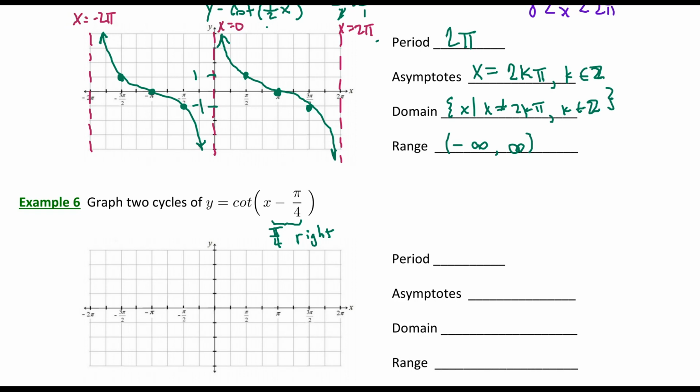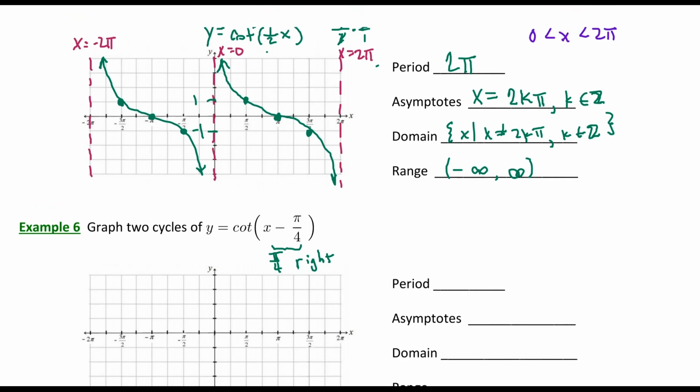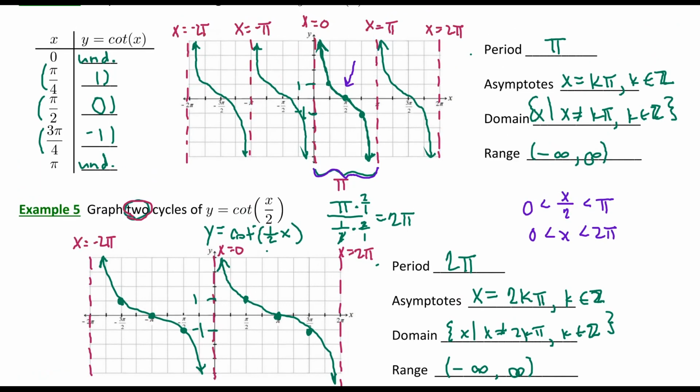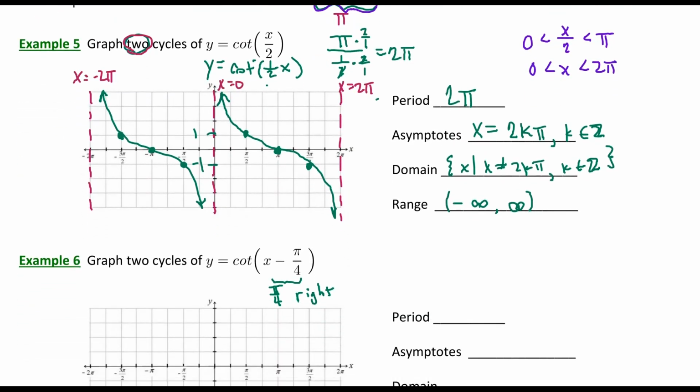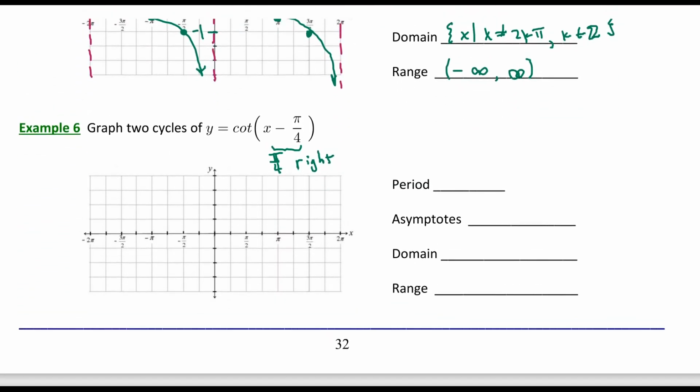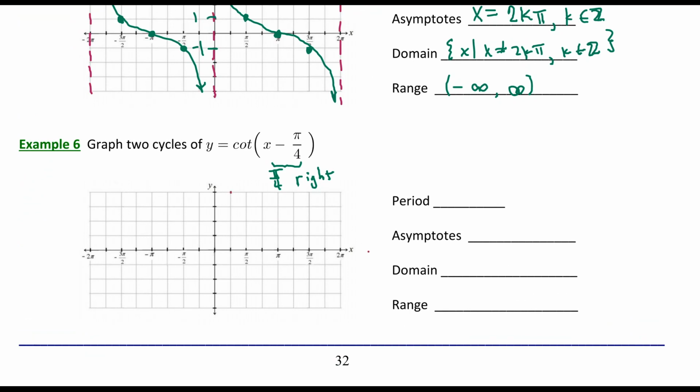Now, if we recall, the original parent function had its first asymptote at 0 and its second asymptote at pi, then we can simply shift each of those vertical asymptotes right by pi over 4 units to obtain the first 2 asymptotes for our transformed function. Notice these would occur at x equals pi over 4 and x equals 5 pi over 4.